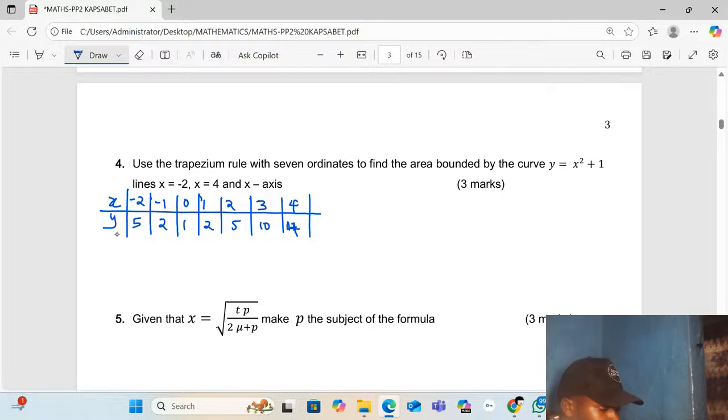So we are going to use the formula for the trapezium rule.